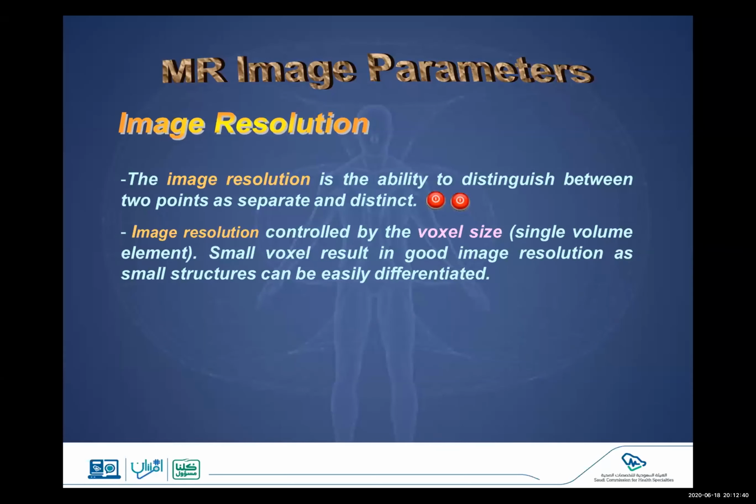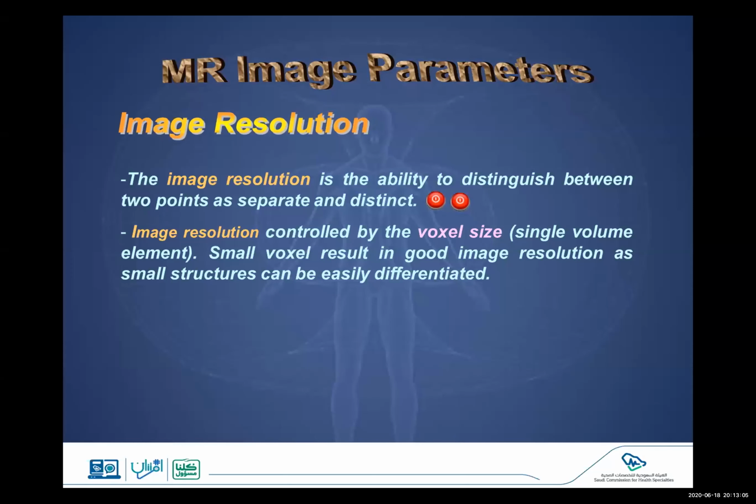It's not like a digital camera where you take your picture and you don't know how far that object is from you or how far each part of the image is. In MRI, we take slices, and each slice has a depth. We call this the slice thickness. So instead of pixel, we will say voxel.